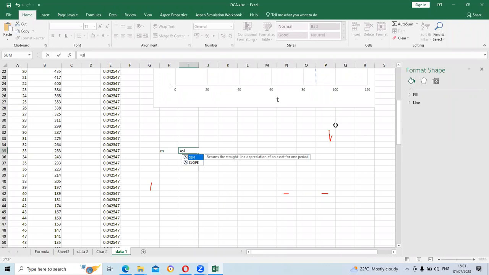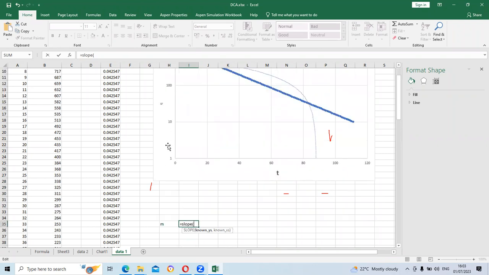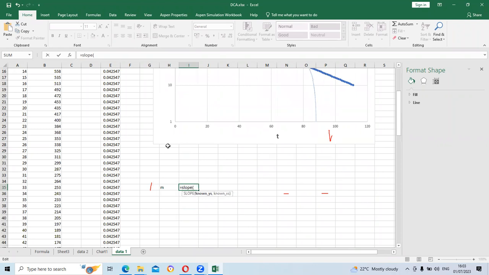The word that Excel uses is slope. So I'll take my slope there. I open the bracket. They have asked me to give the known y's. So to give the known y's, remember that on our y-axis it is the rate.